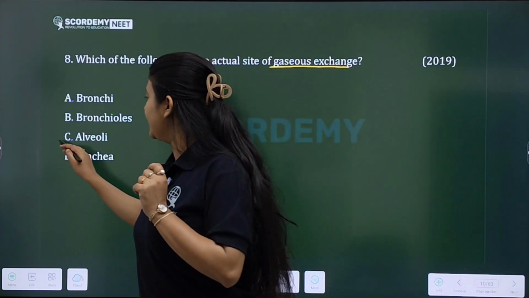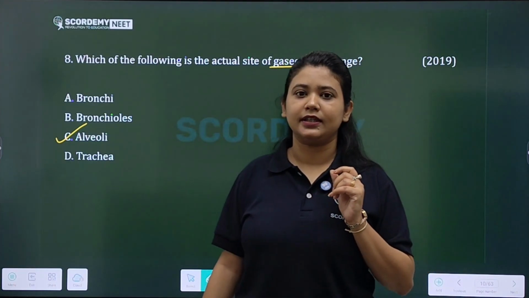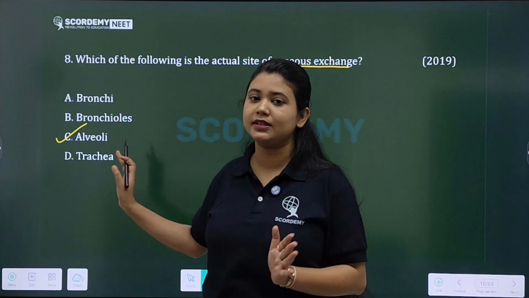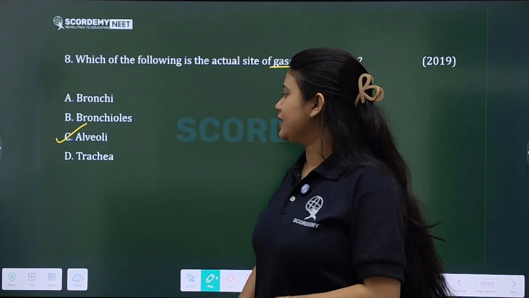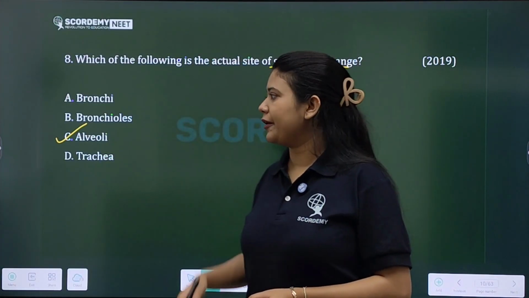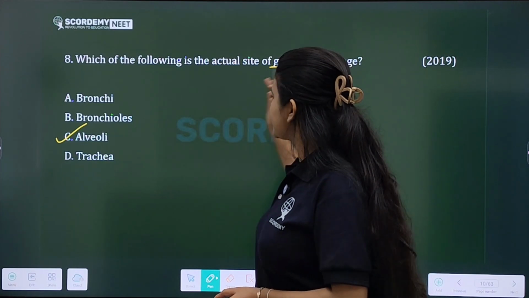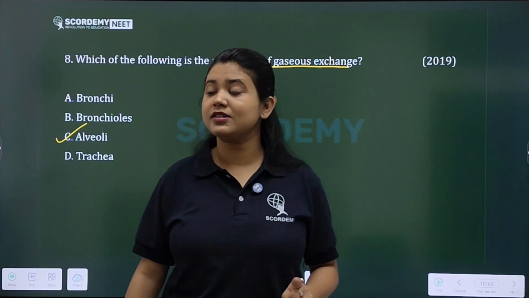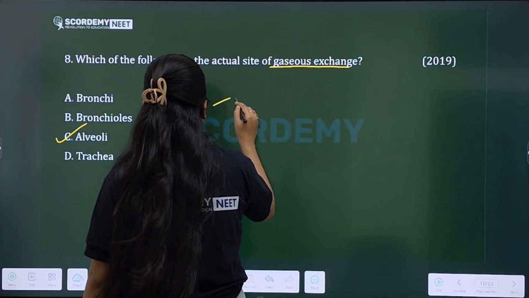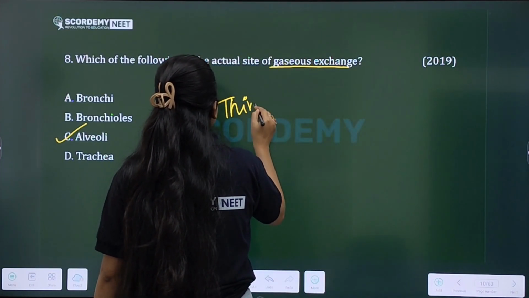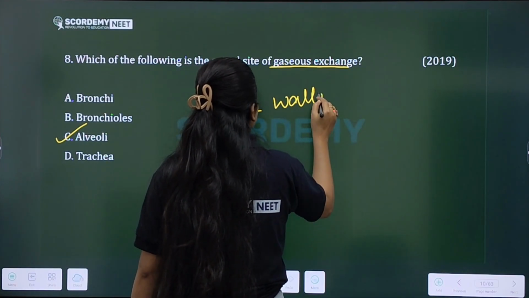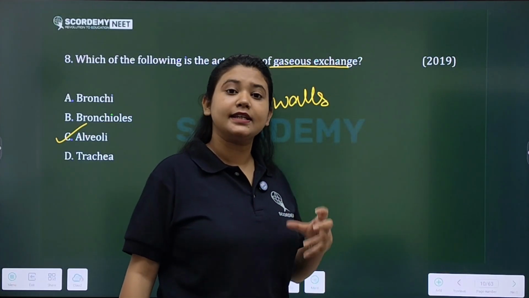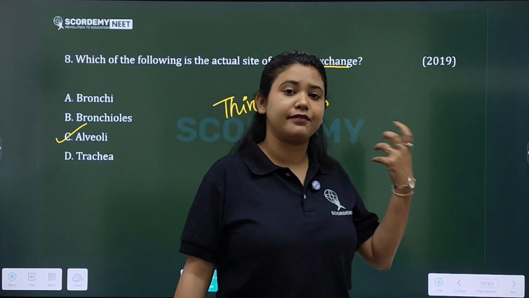Actual site of your gaseous exchange takes place in your alveoli, and there are millions of alveoli inside your lungs. The alveoli are nothing but your air sacs. Why does the gaseous exchange take place only in your alveoli? Mainly because of two factors. First, the presence of thin walls in alveoli, which facilitate easy diffusion of gases.